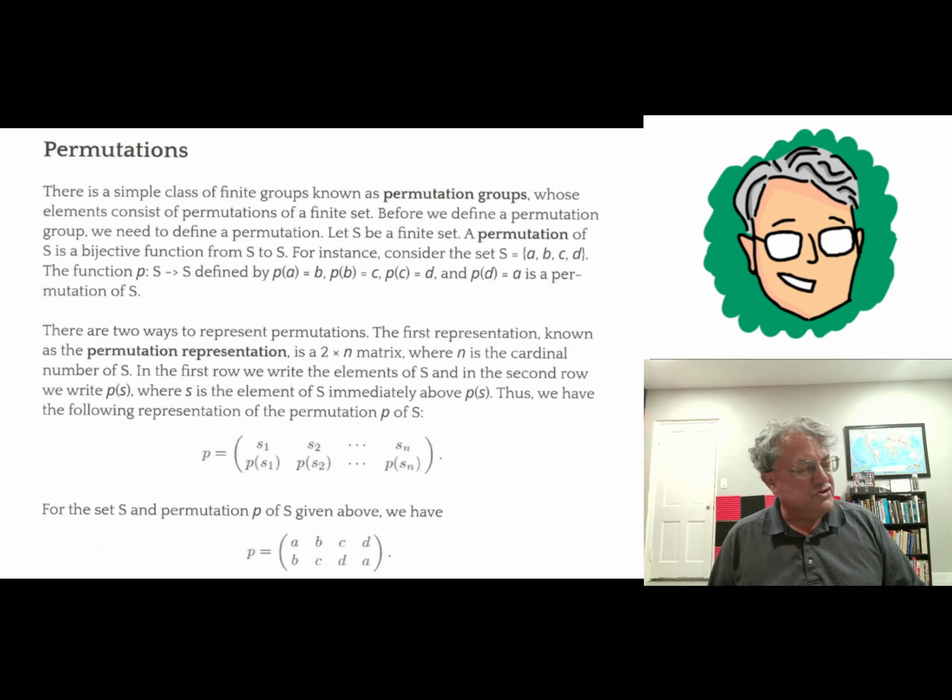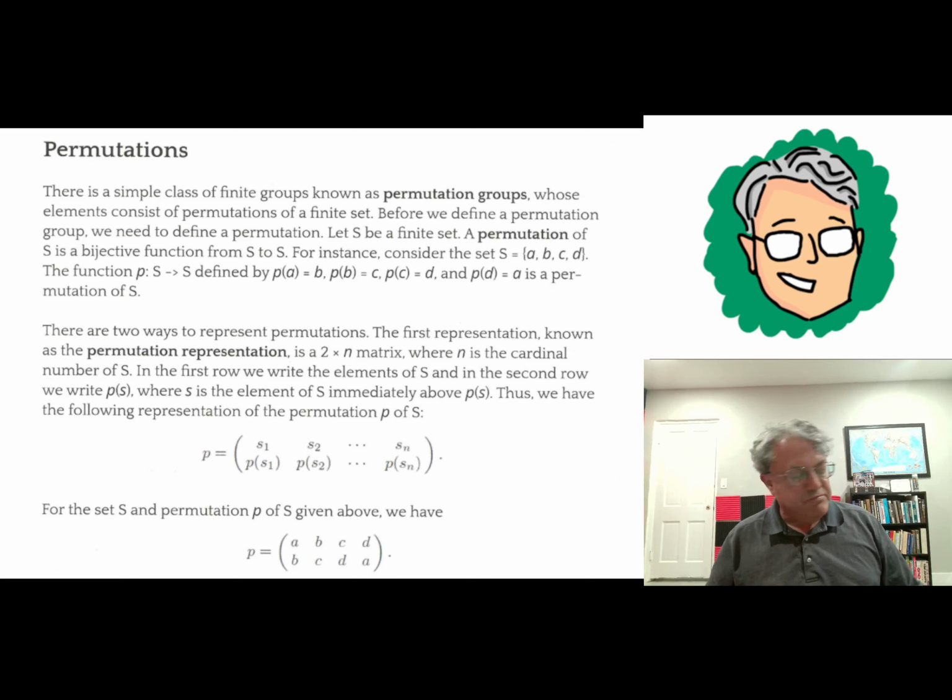So on the first row you write the elements of S in order, A, B, C, D, as you can see. And on the second row, you write what they get mapped to. So A gets mapped to B. That means B is right below A in this representation. And B gets mapped to C, which means C is below B. C gets mapped to D. D is below C. And D gets mapped to A, so A is below D. So that's how you do that.